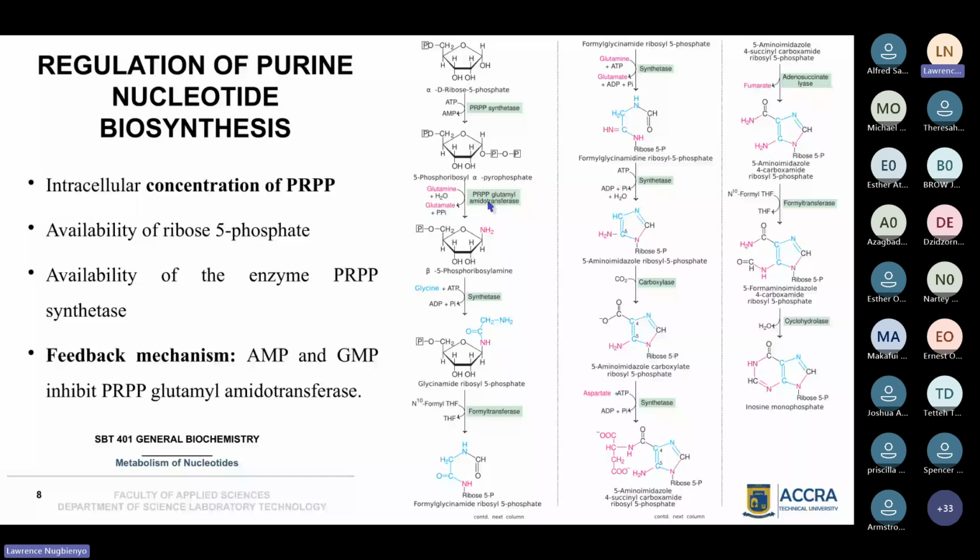So the regulation or the control of the biosynthesis of these purine nucleotides occurs through regulation of the activity of that enzyme, so that a higher concentration of adenosine monophosphate and a higher concentration of guanosine monophosphate act as inhibitors to that process.